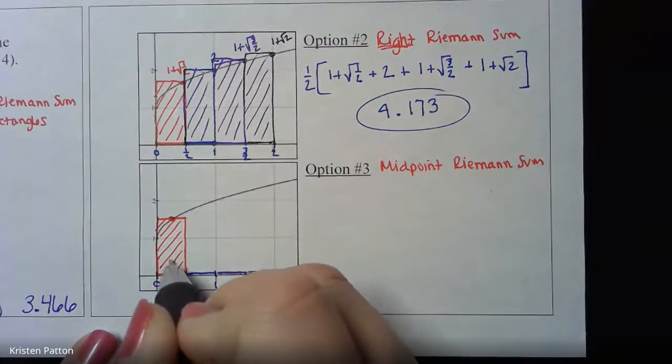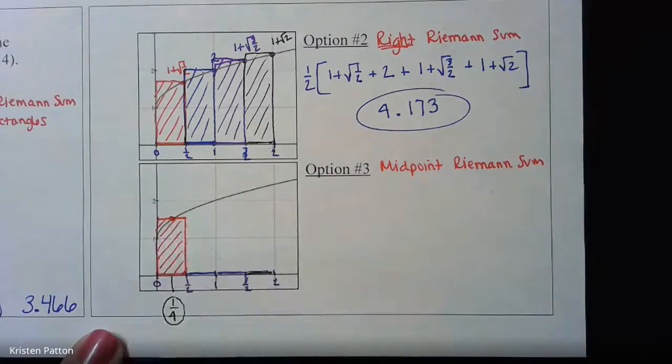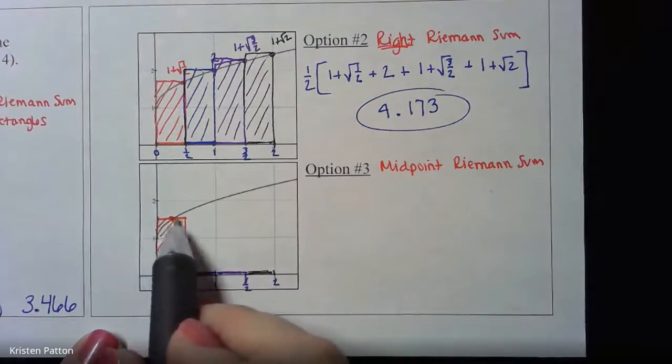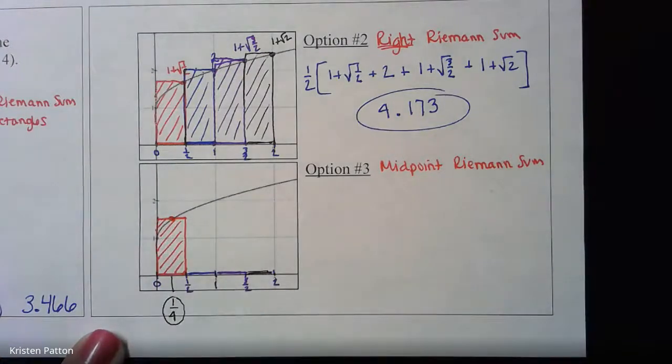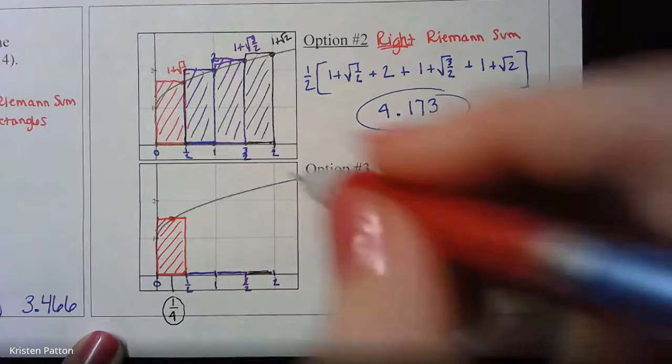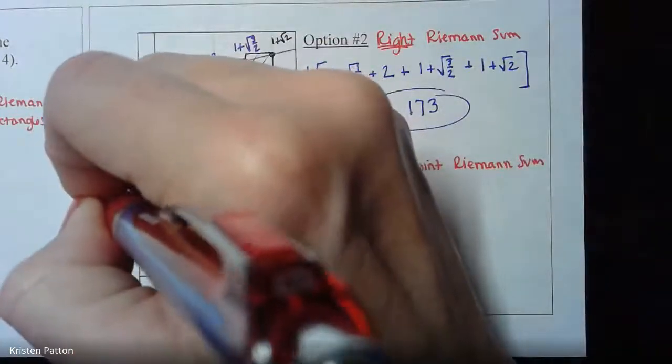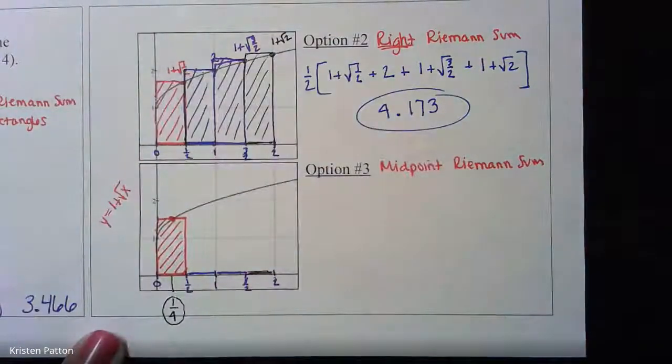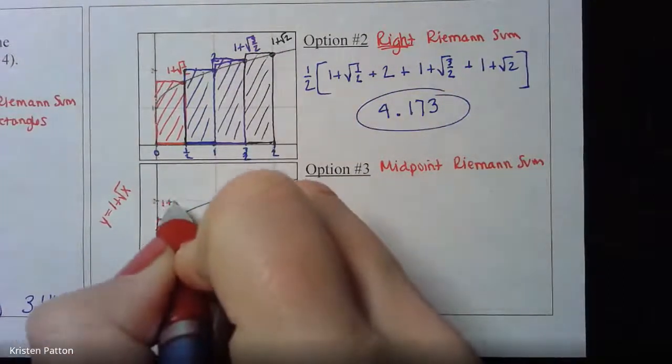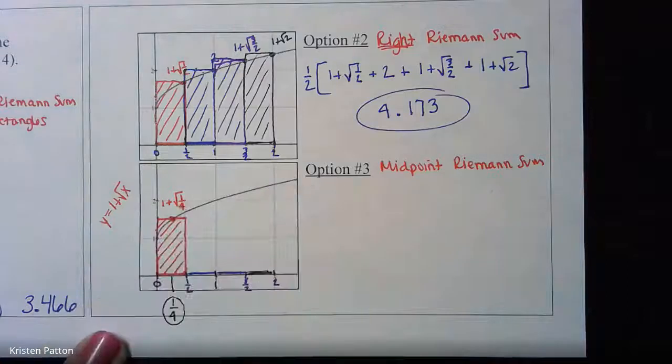We're going to go to x equals 1/4. We're going to go up until we hit the curve. That'll be the height. Let's go ahead and find the height, right? Remember, the function is y equals 1 plus the square root of x. So if I used x equals 1/4, this is 1 plus the square root of 1/4. That's the height of my red rectangle.